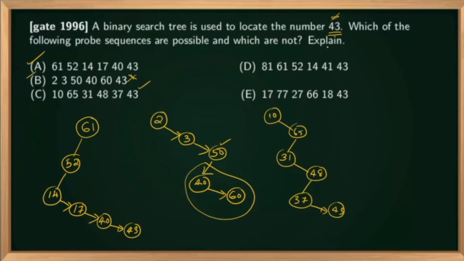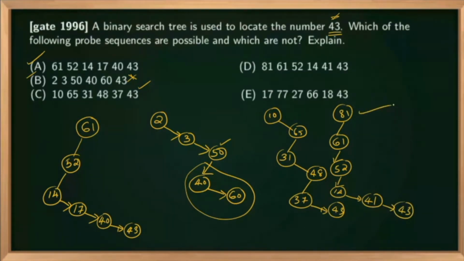Let's take choice D. It starts with 81. Then we go left to 61, perfectly fine. Then again we go left to 52. Then again left to 14. Then we go right to 41. Right? Then we get 43. This is also right, no issues.